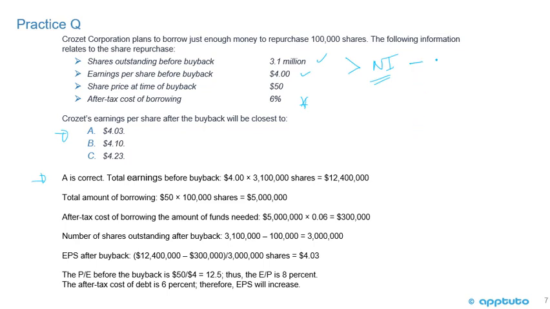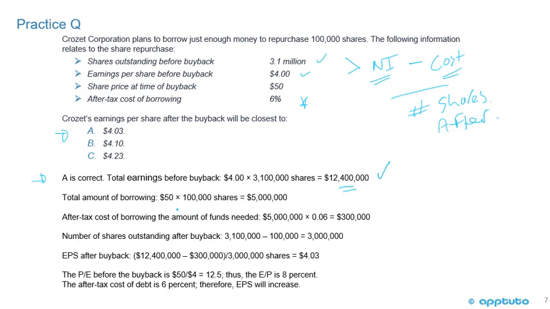It's going to be the net income minus the interest cost, okay? And then divided by the number of shares after the buyback. So quite a few little calculations that you need to do with regards to this question. So let's just start. $4 per share times 3.1 million shares means that our earnings before the buyback was $12,400,000.